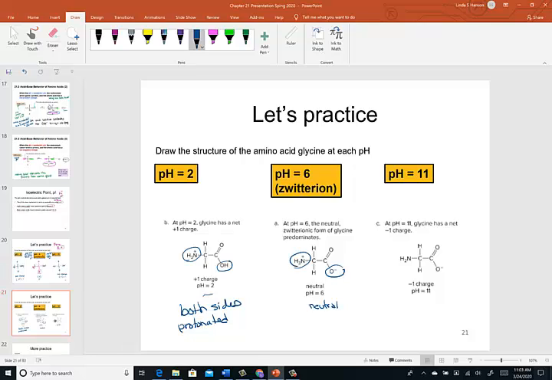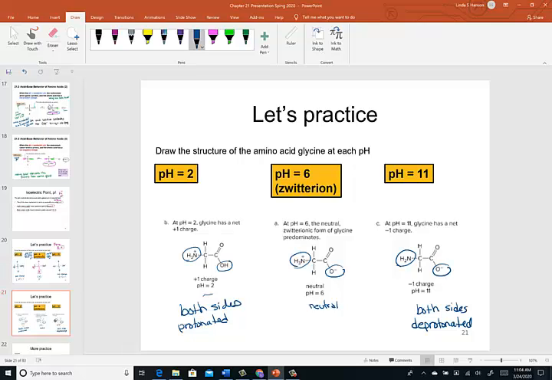And now in a basic range, both are deprotonated, meaning that we have a net negative charge, the acid COO negative and the base NH2 neutral. So we have a net negative charge overall.